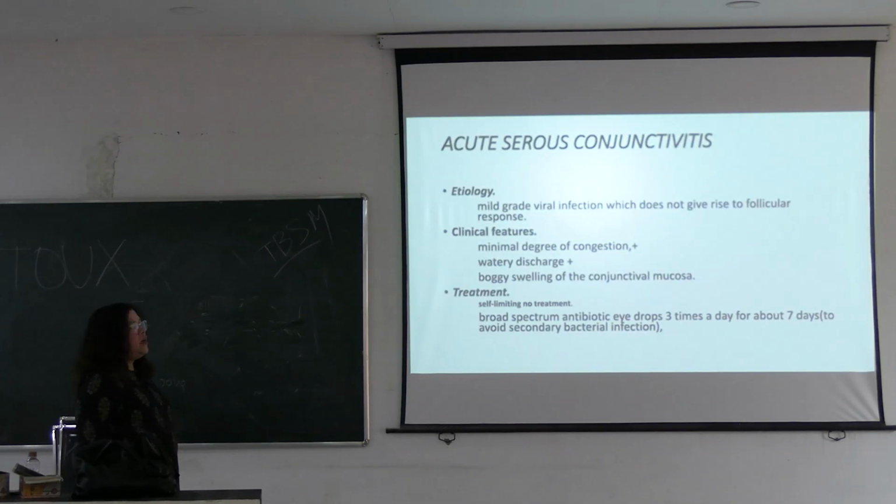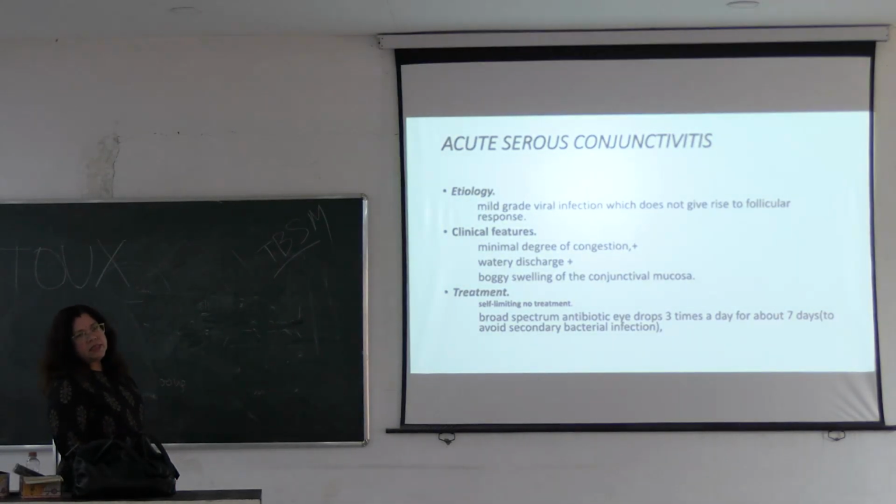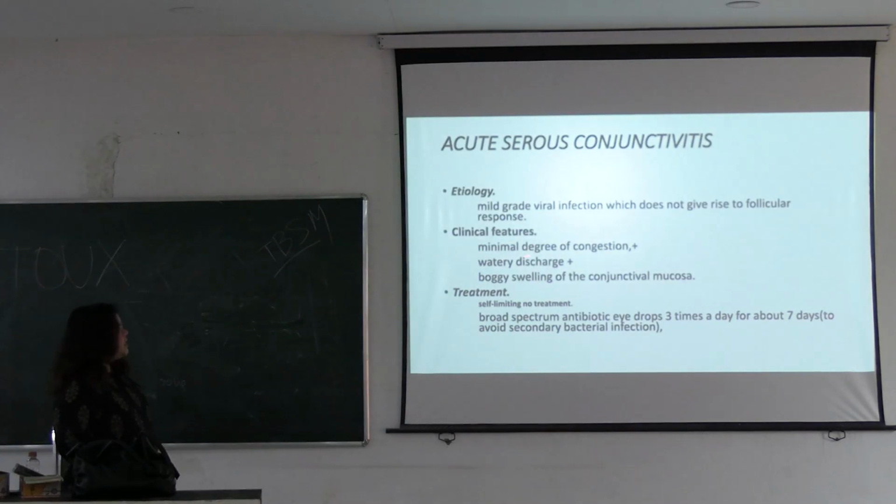Then we come to acute serous conjunctivitis. It is a mild form of conjunctivitis. Here the follicular response is less, and clinical features are also mild, as its name suggests.